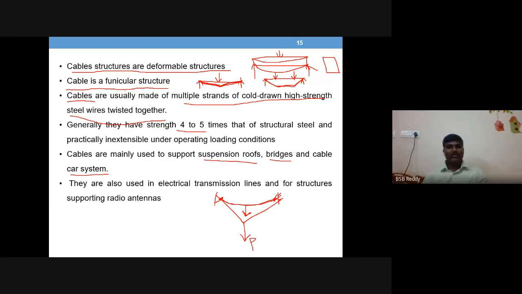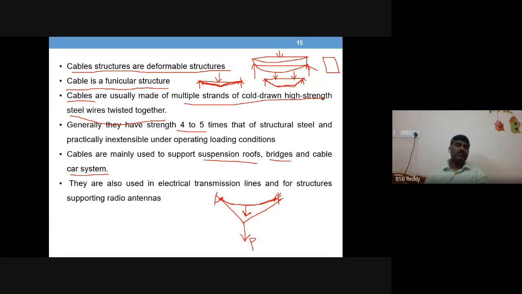Cable structures are deformable structures, and you must clearly differentiate what deformability means when compared to other regular cross section structures like beams, columns, and all. Here deformability means not a change of shape; it is a change of geometry.